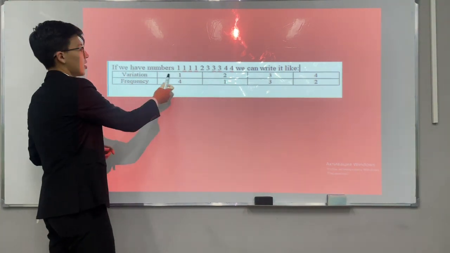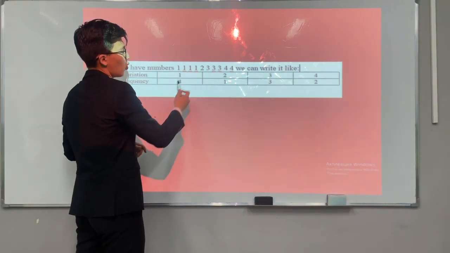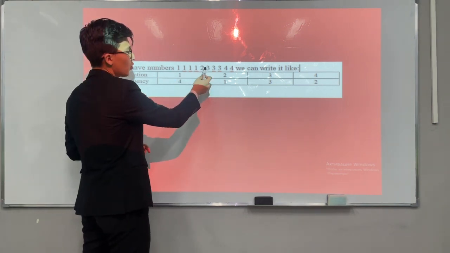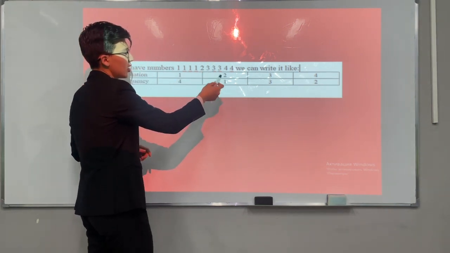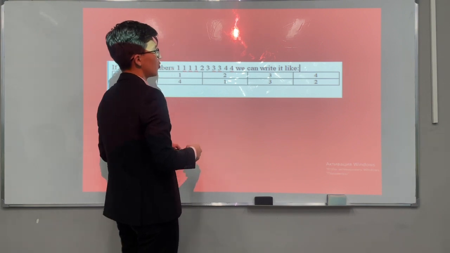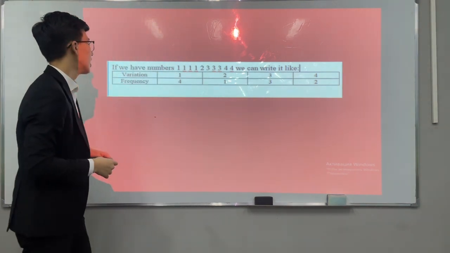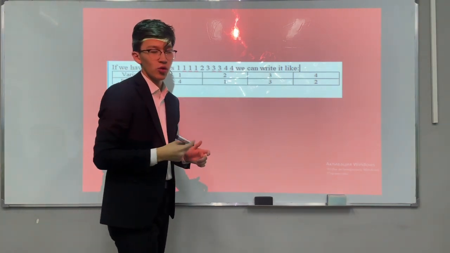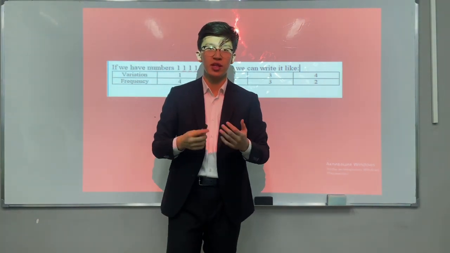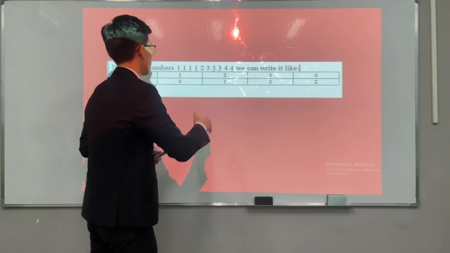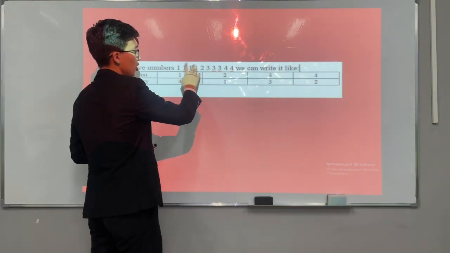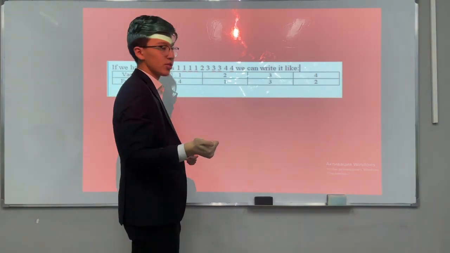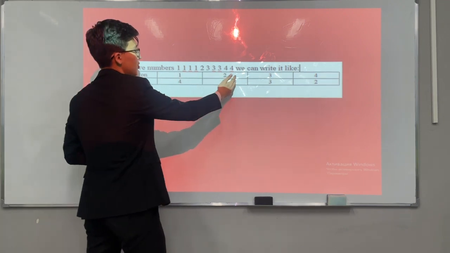If we have the number 1 four times, 2 one time, 3 three times, and 4 two times, we can write it in a table. The variation is the set of numbers which we have in our data. Here we have only four kinds of numbers: 1, 2, 3, and 4.